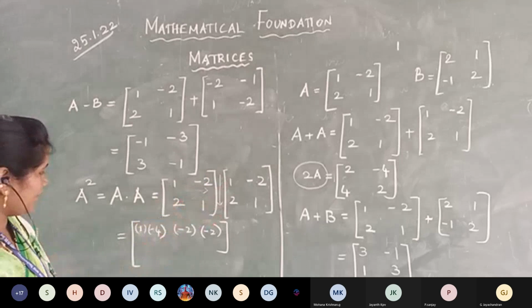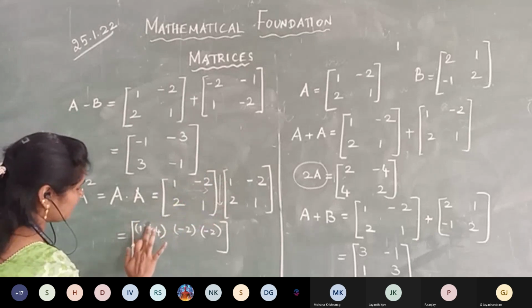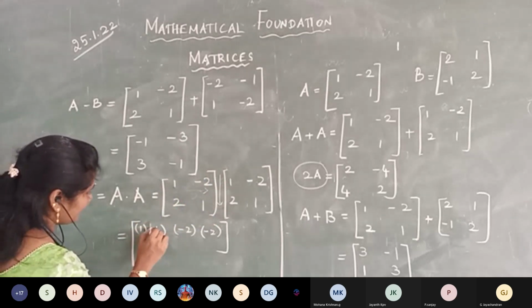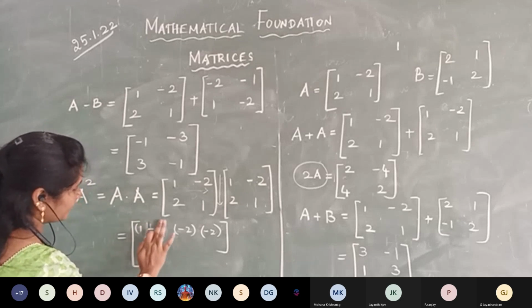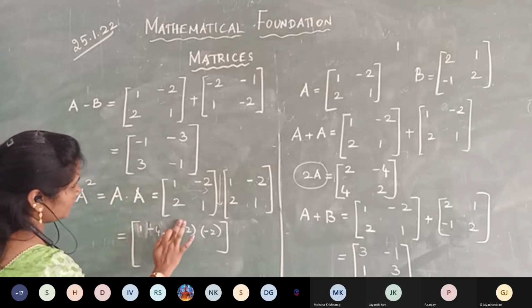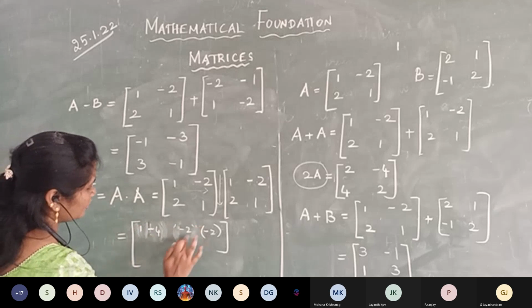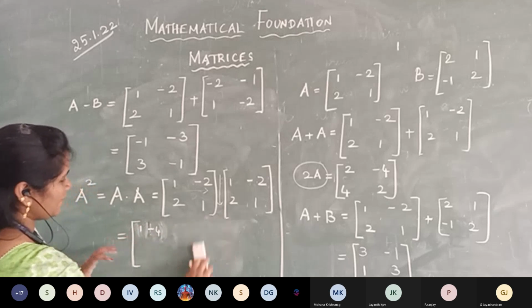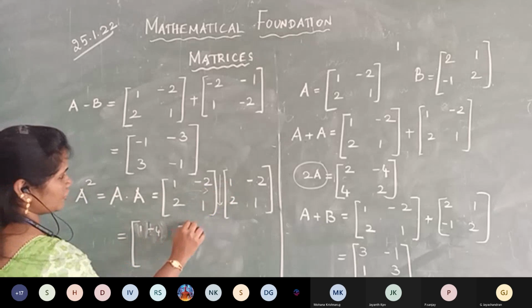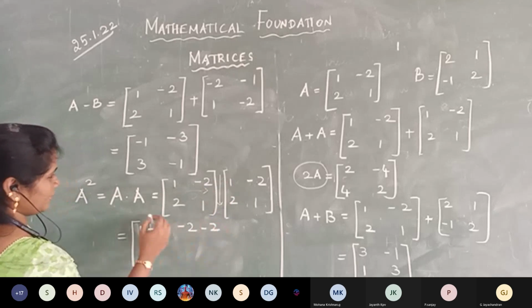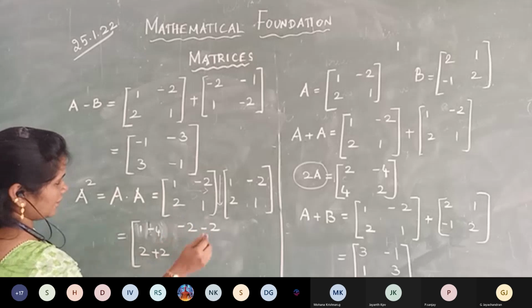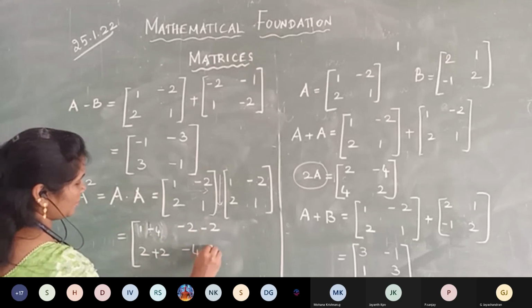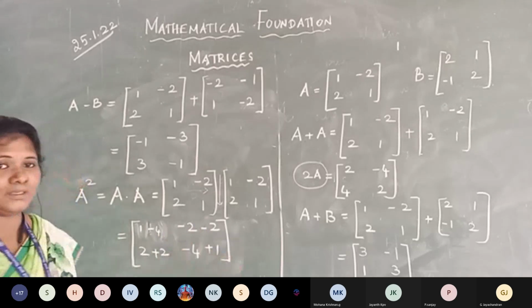So 1, then you have this minus. So 1 minus 4, and here you have minus 2. You'll have minus 2 and minus 2. Then it will be 2 plus 2, and then minus 4 plus 1. Okay.